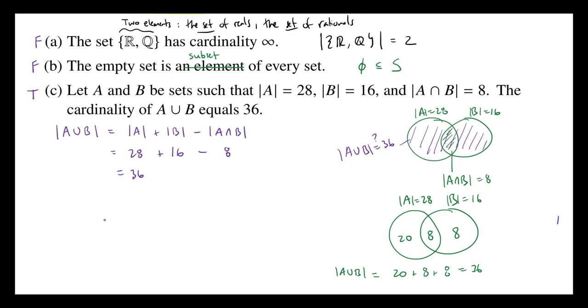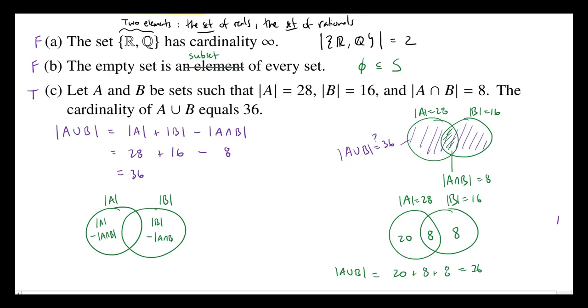So let's say we knew this in general. We'll draw the picture again. I know that in total I have the cardinality of A over here and the cardinality of B over here. If I want to compute how many lie on this side, I take the cardinality of A and subtract how many are in the intersection, just as I did 28 total minus the 8 in the intersection. For B, I can put over here the number of elements in B minus the number of elements in the intersection. And then in the middle, I have the number of elements in the intersection.